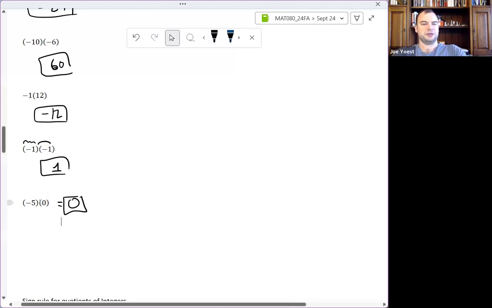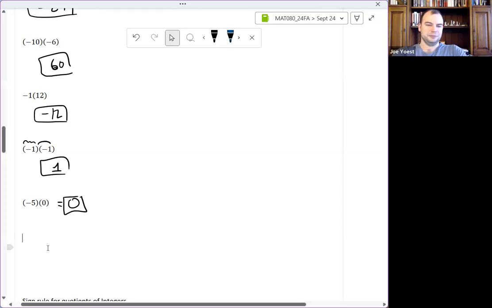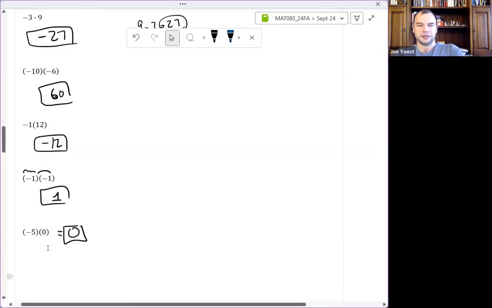So 0 is a bit of a special case, but we know from previous work that any number times 0 equals 0. We talked about it in the context of whole numbers or natural numbers, but that generalizes to integers. Any integer times 0 gives me 0. Any questions so far?